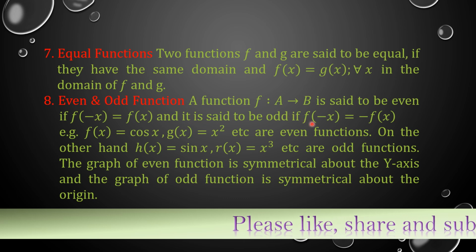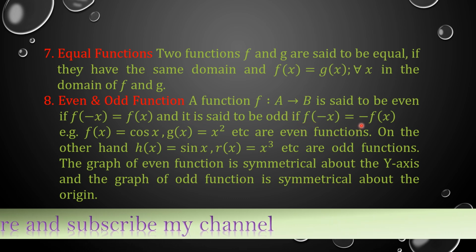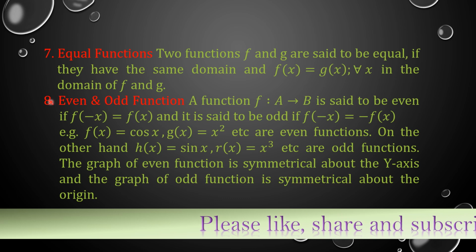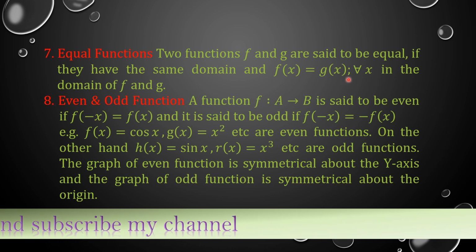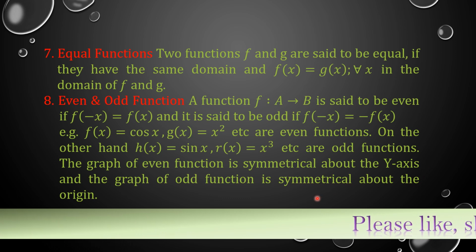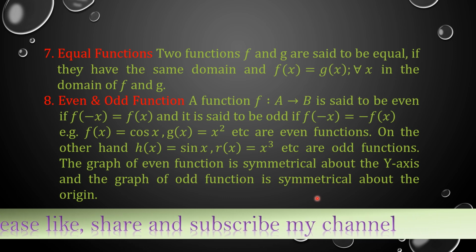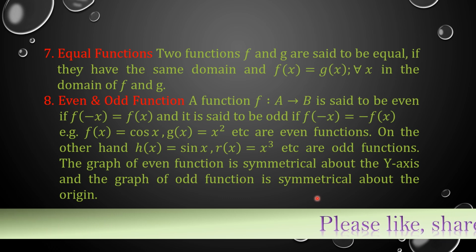And if f(-x) is equal to -f(x), then it is called an odd function. In the first year class you already know that the graph of an even function is symmetrical about the y-axis, and for odd function it is symmetrical about the origin.